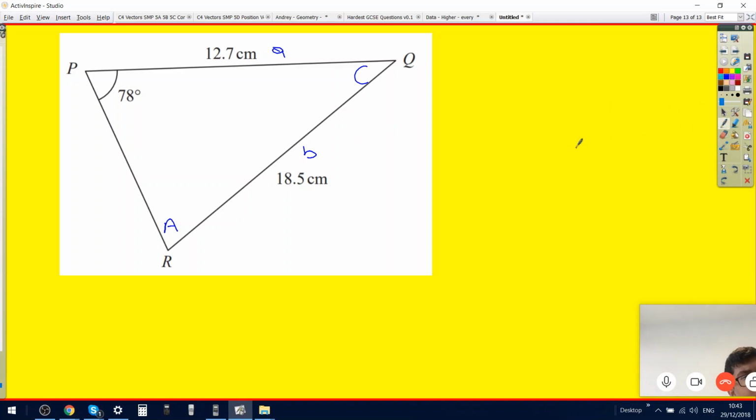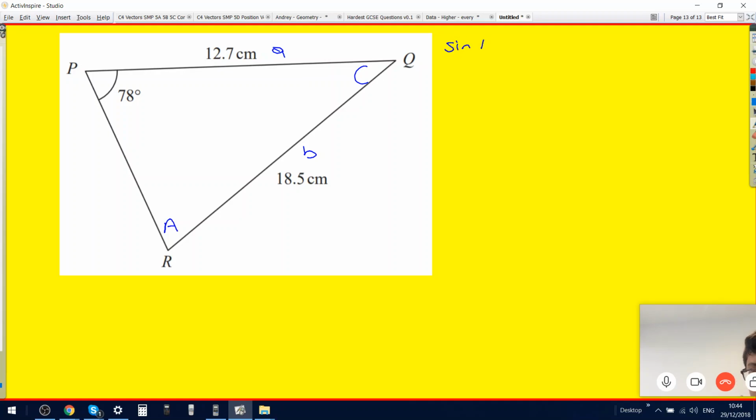Okay, so I think we'd need to use, oh, no, it's not a right angle. So a over sine A equals b over sine B, so we can then find C that way. Sine A over a actually would be easier.